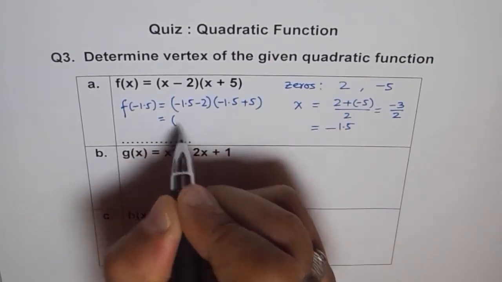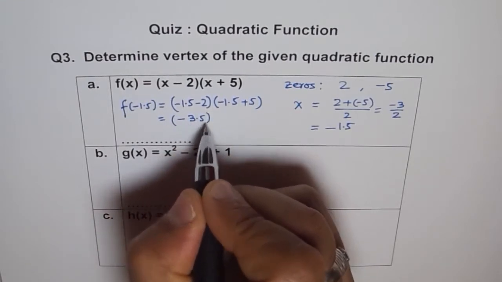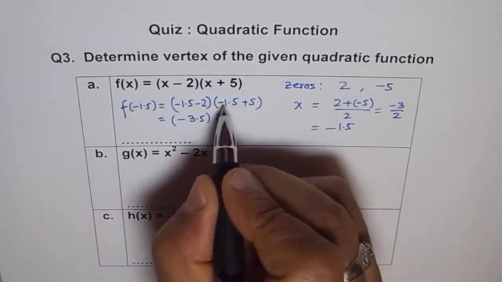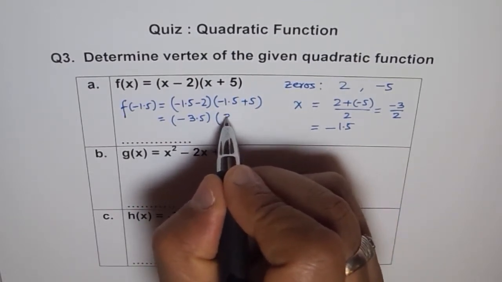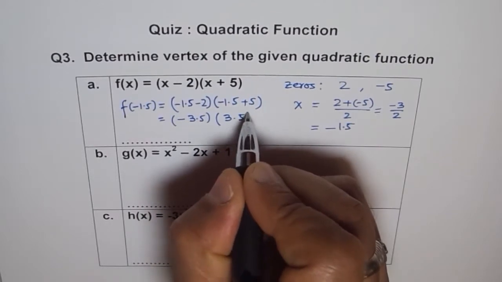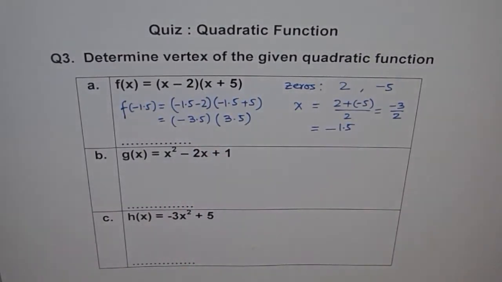That will give me, so this becomes minus 3.5 times, this minus 1.5 from 5 will give us plus 3.5, correct? Correct?